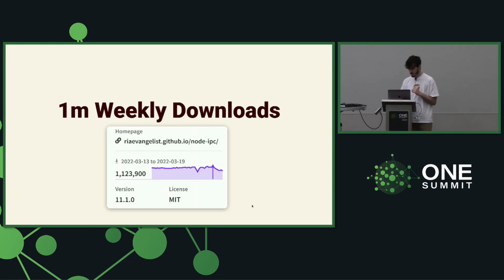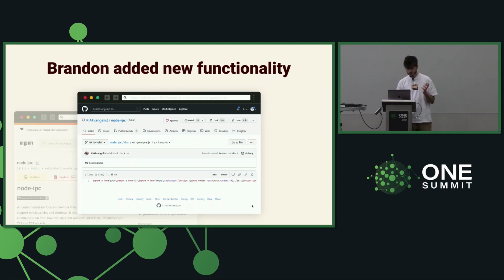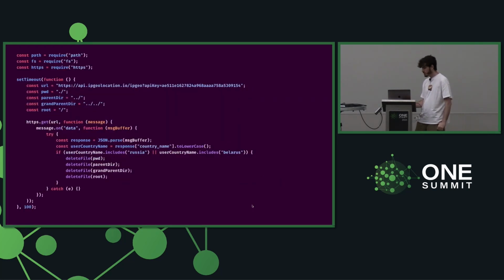It's pretty cool. But then, cue the dramatic music, on March 7th, 2022, he added some new functionality to his package. It's a bit cryptic, but you can take a look here. And if we do some magic, it becomes much more readable.